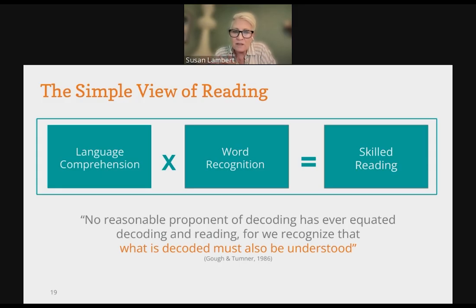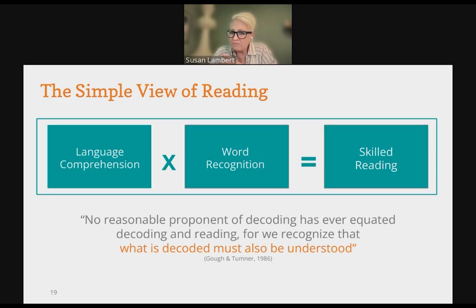And essentially, you've heard me talk about it before, you hear others talk about it. Essentially, what this tells us is that skilled reading requires two cognitive capacities. That is the ability to recognize words on the page and the ability to comprehend the meaning that's on that page.